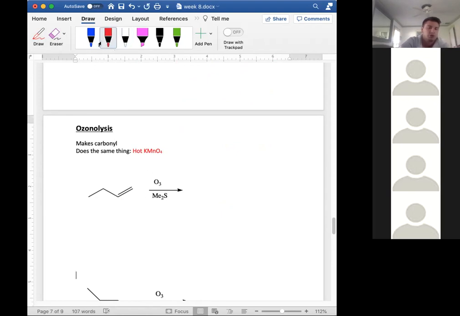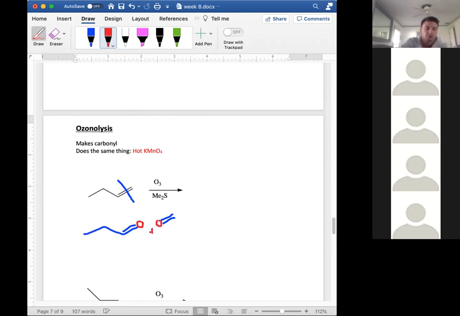So all you have to do is act as if you split that double bond in half. So here's one side of the double bond. Here's your other. You split it in half, right? All you have to do, add an oxygen.